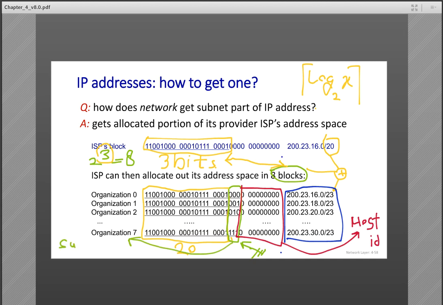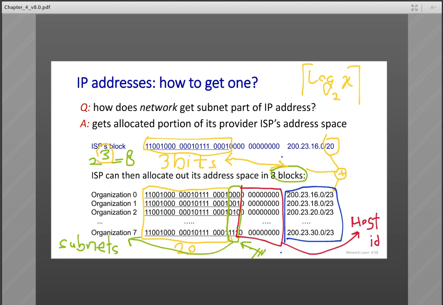New subnets. Okay? We call this strategy subnetting. We call it subnetting. The whole of this process is subnetting in computer networks.